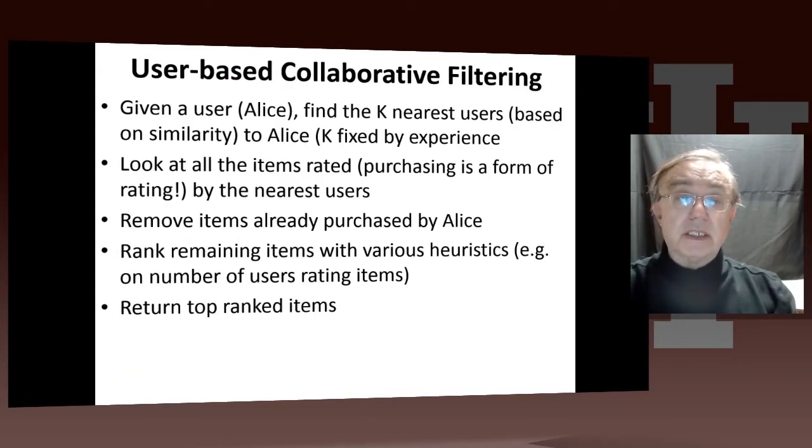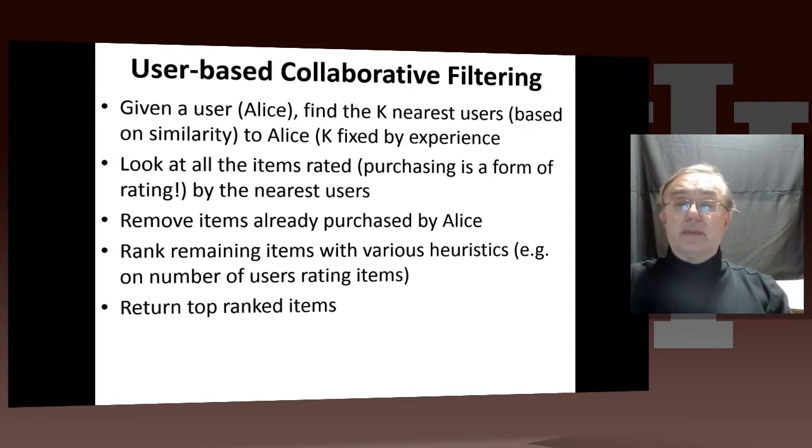And so here this summarizes this method. You take a user, you find the k nearest neighbors based on this similarity, and k is fixed by experience. You have an intuition as to what the right value of k is. You don't vary k within the job. And then you look at all the items rated, where purchasing is a yes-no rating, by these nearest users.